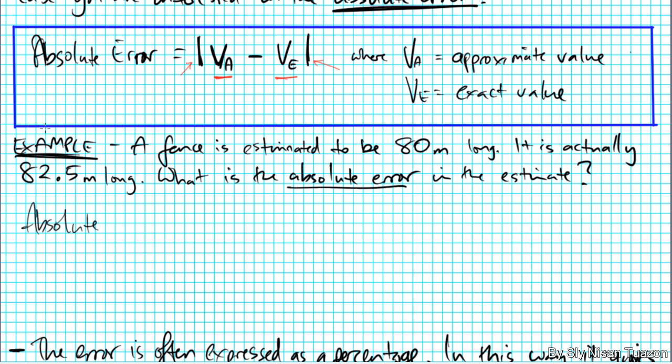Absolute error is going to be modulus of the approximate value, 80, which is the estimation, and the actual value is 82.5. So it's the modulus of a smaller number take a bigger number, negative 2.5, so 2.5 meters is the absolute error.